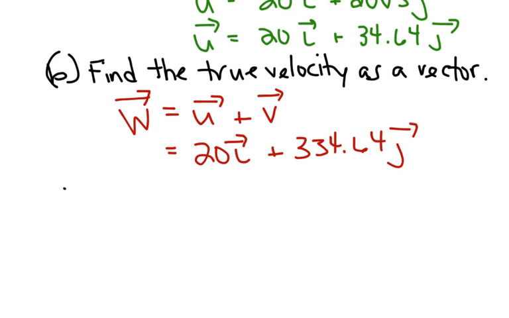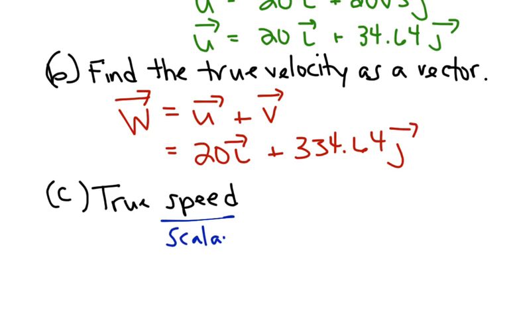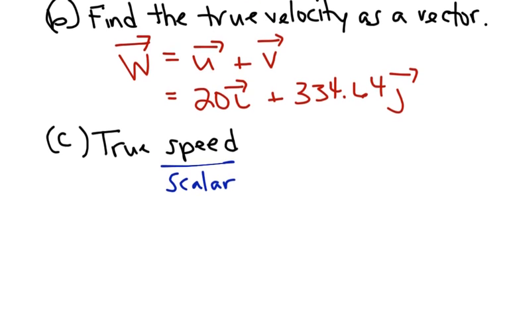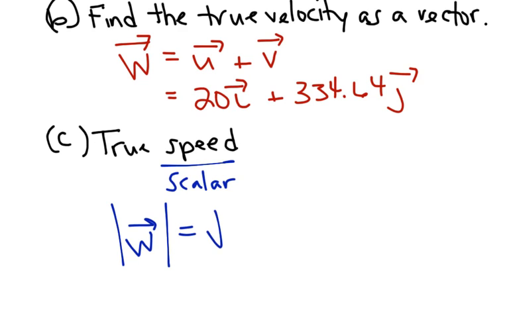After we find the true velocity, we want to find the true speed of the airplane. Remember, speed is the scalar quantity. Scalar means not a vector. To find the scalar quantity, you have to find the magnitude of w. Remember, this does not stand for absolute value. This stands for magnitude.